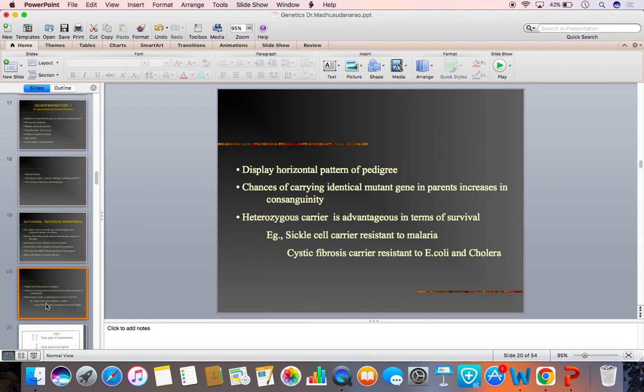That is the reason why carrier state of the autosomal recessive disorder is more common in the community. So there is every danger of getting wed to a person with carrier state in the community when you are going for consanguineous marriages. So don't go for consanguineous marriages. That's what it is.